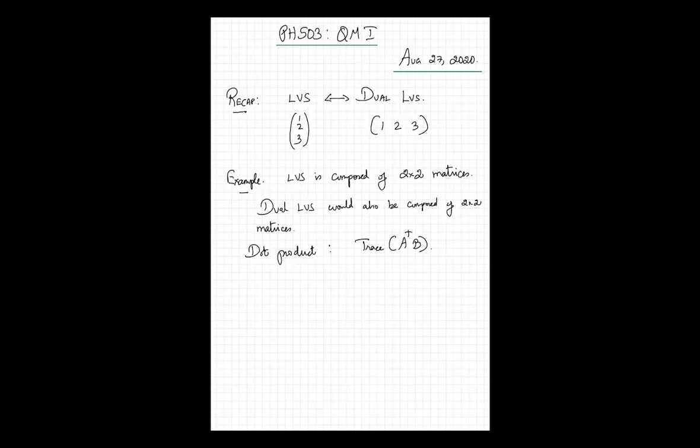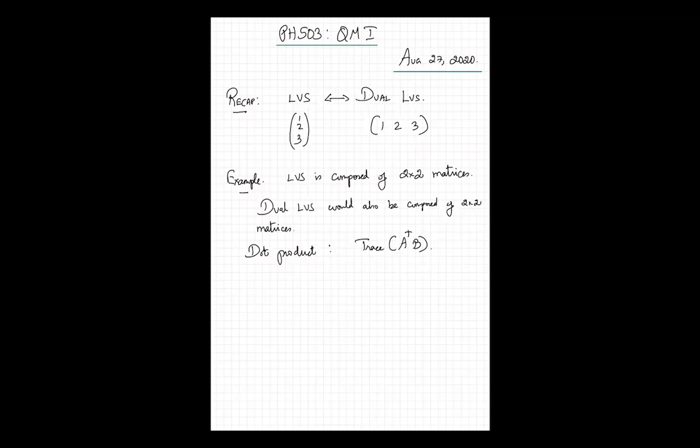For example, if your LVS is composed of 2 by 2 matrices, why can't we have a dual LVS that has, let us say, a column matrix or something like that? Or why is there this specific rule for assigning the dot product? The reason I'm not going into this question is because there are a certain number of rules the definition of a dot product has to satisfy in the theory of linear vector spaces. You will understand this in more detail in your mathematical physics course.